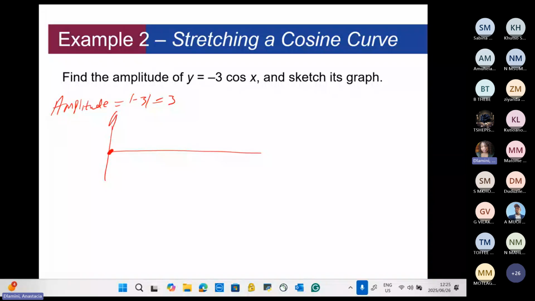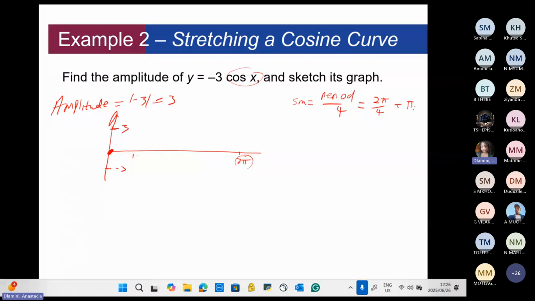It will be 3. We know that the period of this is 2 pi, so I have to end at 2 pi. To find the step that we divide with, we take the period over 4, which is 2 pi over 4, which in our case is pi over 2.